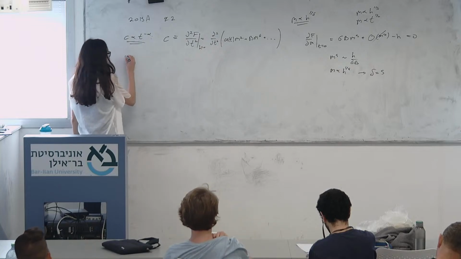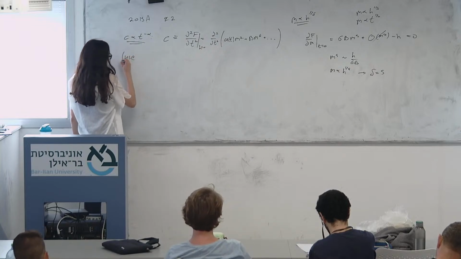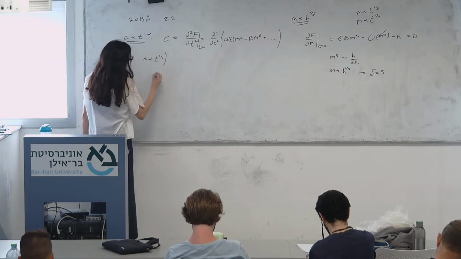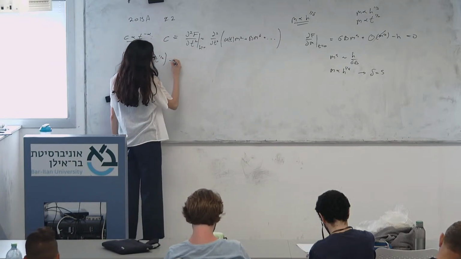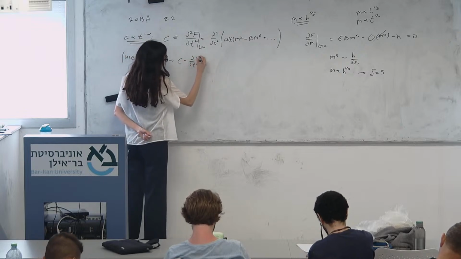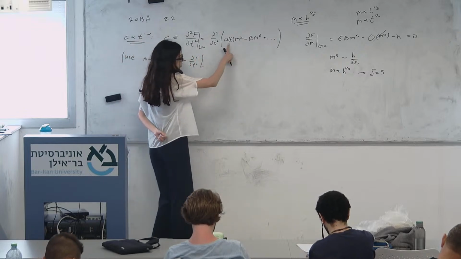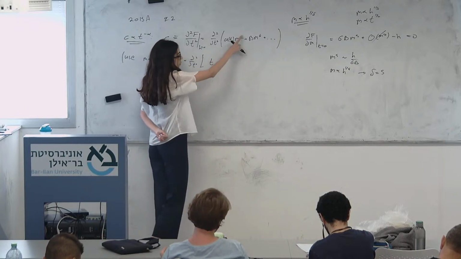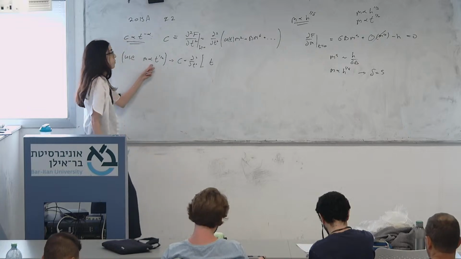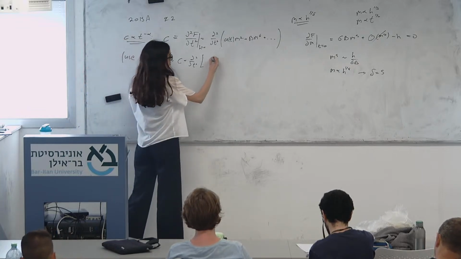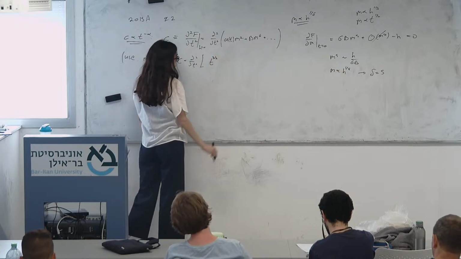So we're going to use m goes like t to the 1 over 4, and then c is equal to the second derivative of, so a of t is proportional to t, and m squared is going to be proportional to t to the power of half. So this is overall t to the 3 over 2.